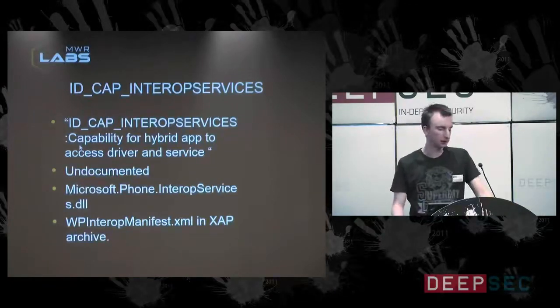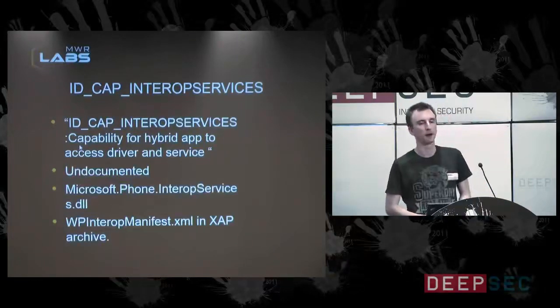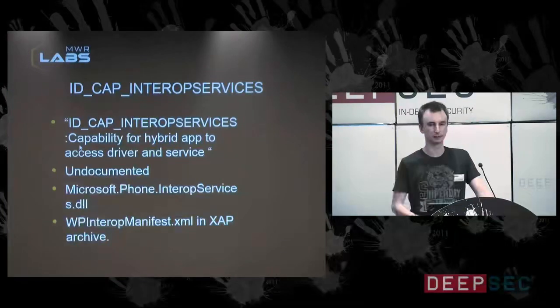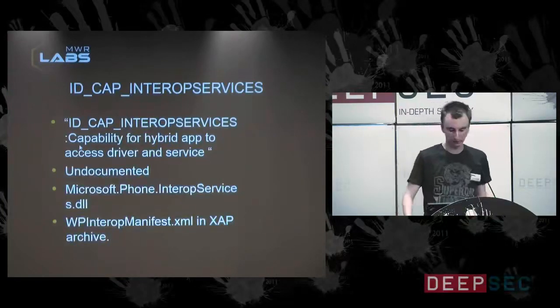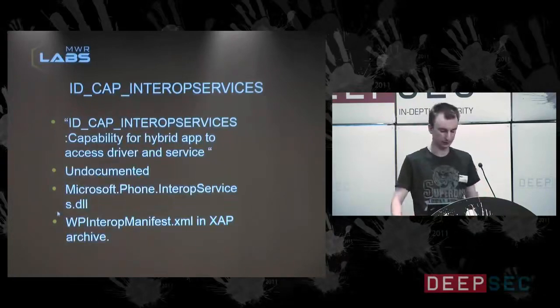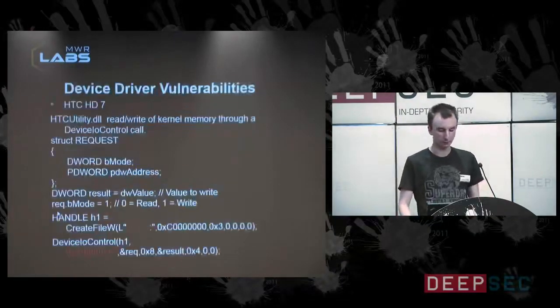In the public SDK, there's no code for this, but you can use reflection, or you can take the assemblies off the phone, link against those, and then call that functionality. So this is just a case of instantiating the right objects, using the COM bridge, and creating this manifest file, the WPInteropManifest, in the archive. This allows you to write native code.